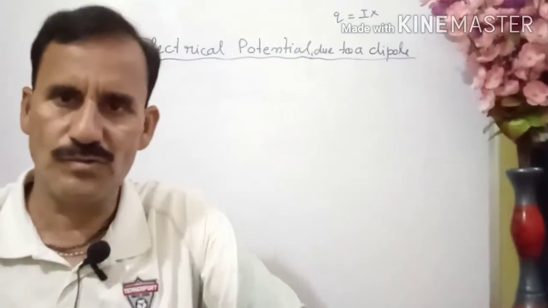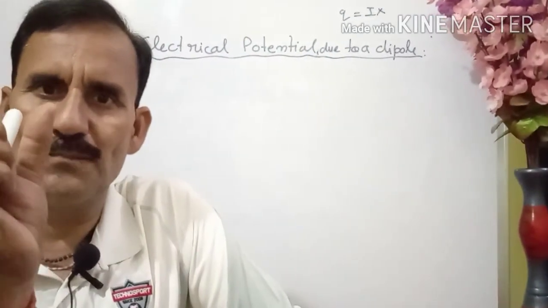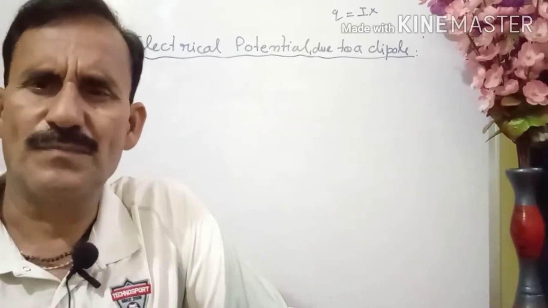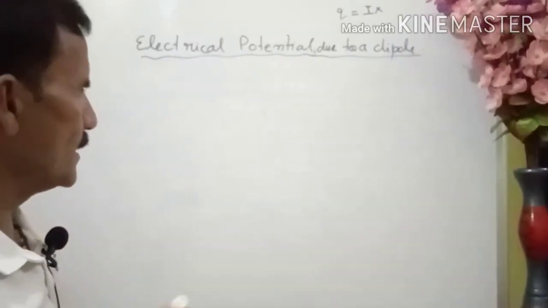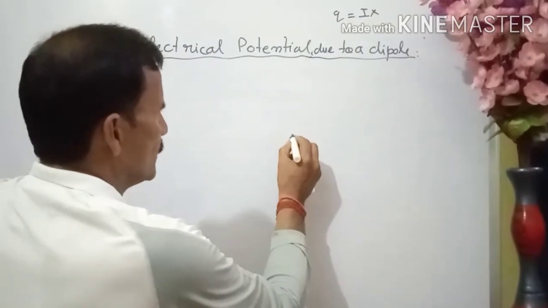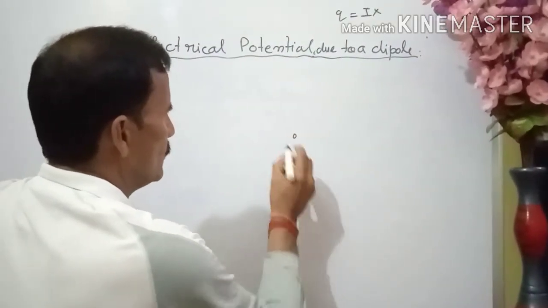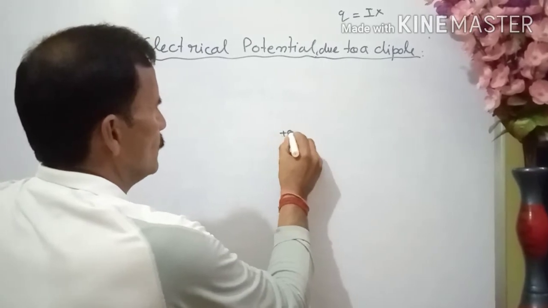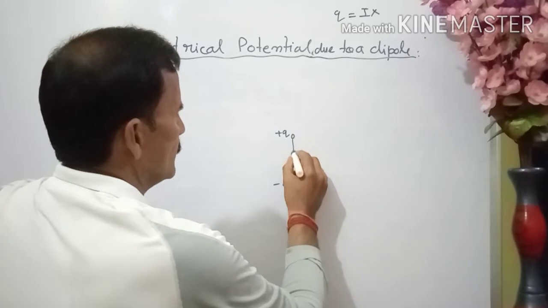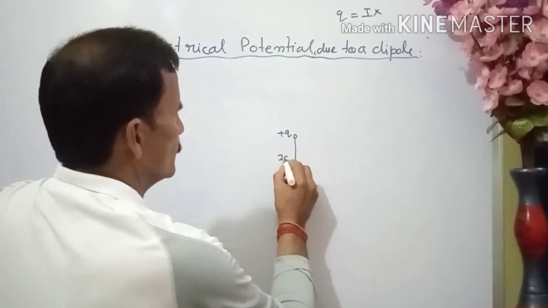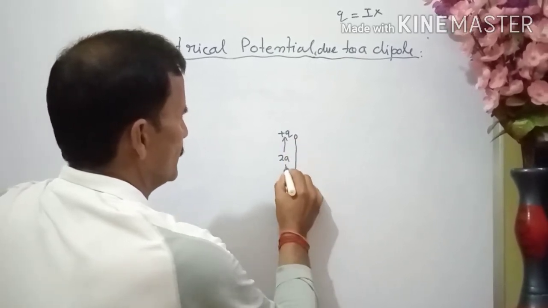Two equal and opposite charges placed at a very small distance, that system of charges is called an electric dipole. So suppose there is an electric dipole, plus Q and minus Q, separated by distance 2a, as you have already taken.